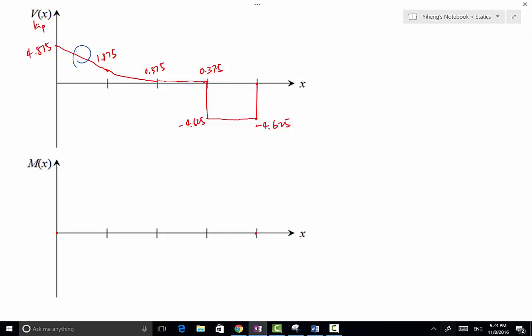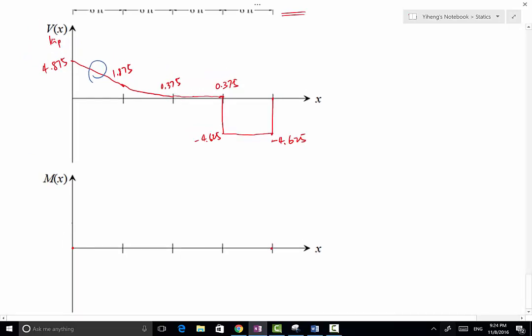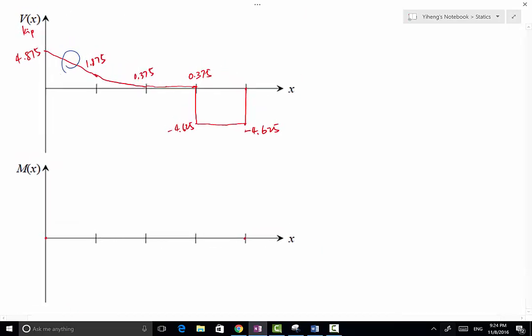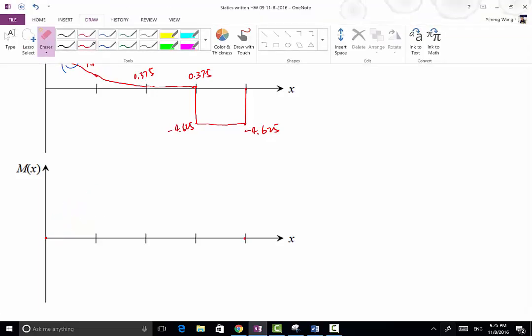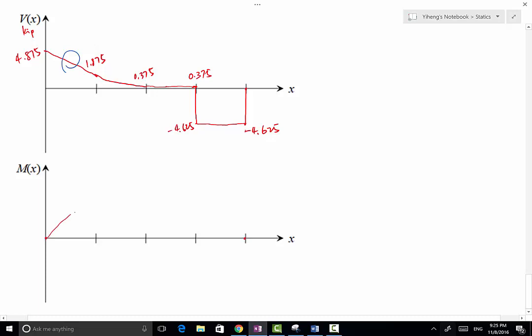Therefore, the bending moment keeps increasing, but it has a rapid increase in the beginning because the slope is larger, and then the increase gets slowed down. Therefore, from here to here, it's like this. This is still not plateaued yet because this is 1.875, not 0.